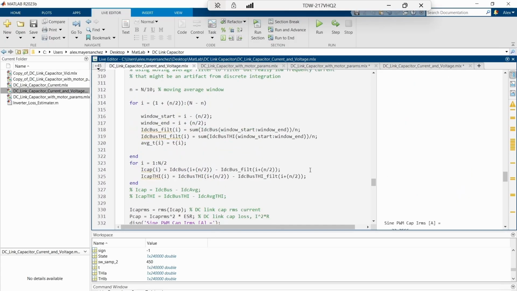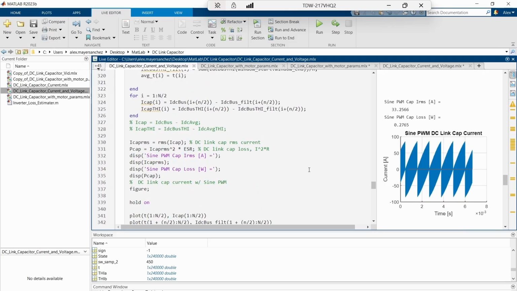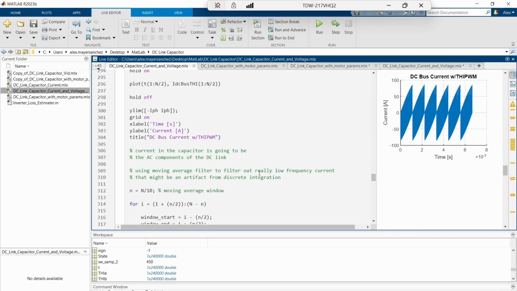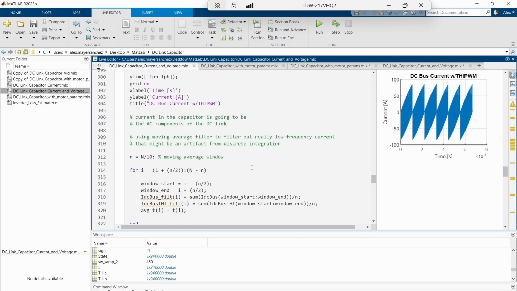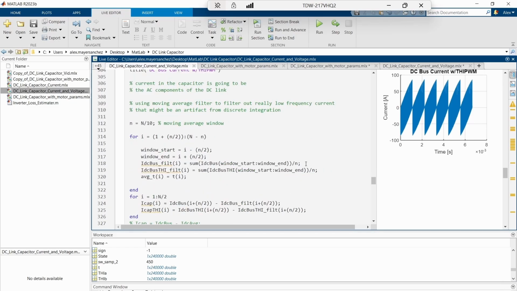So I'm calculating the current going through that capacitor, and the current through the capacitor is basically just the total current in minus the DC component, because like I said, the total current in is equal to the DC component plus the AC component.